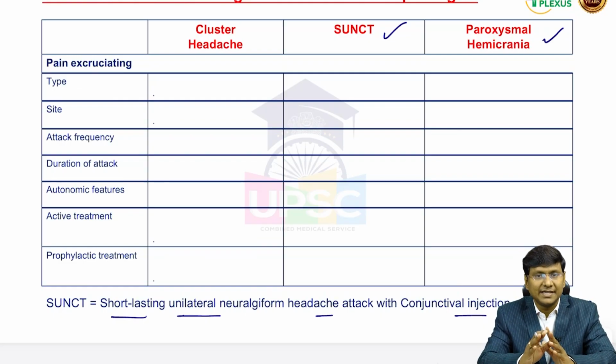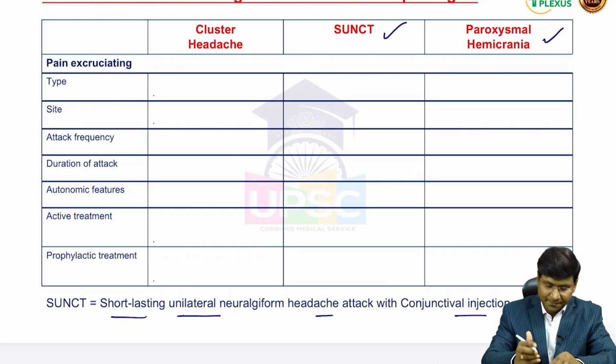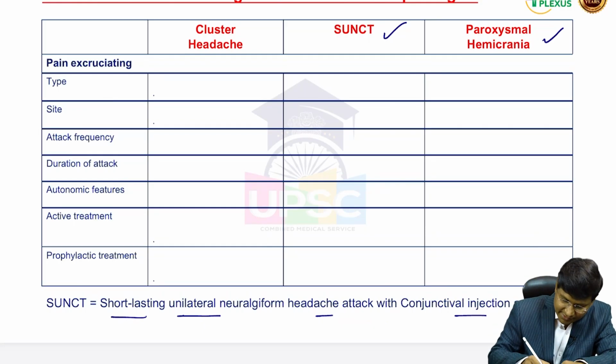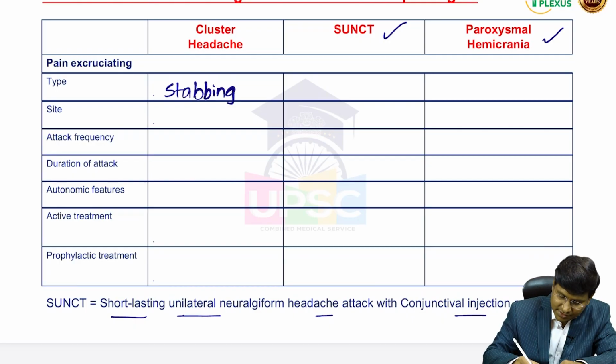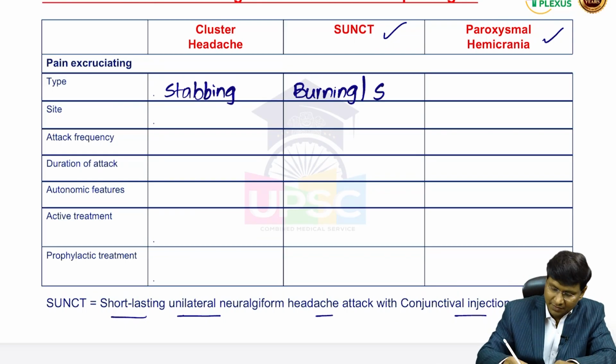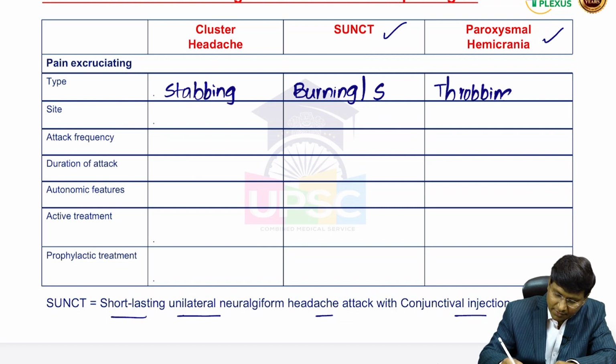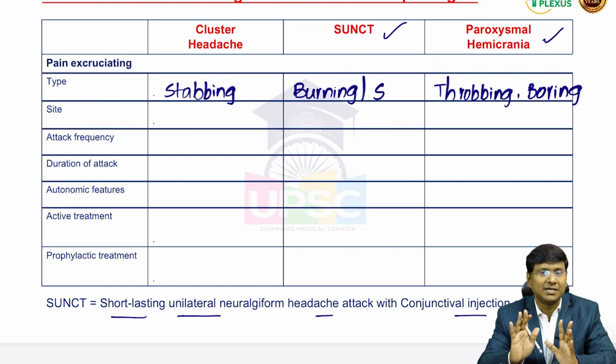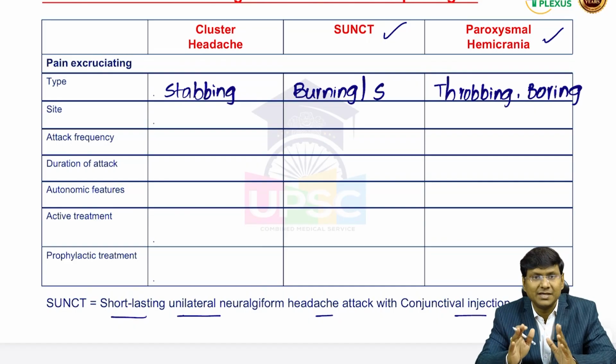So if you see the character of the headache, in case of cluster headache it is the stabbing type of headache, whereas in case of SUNCT it is burning or stabbing type of headache, whereas in case of paroxysmal hemicrania it is throbbing, right, or the character described is a dull, boring type of headache like what we describe in case of the tension headache.